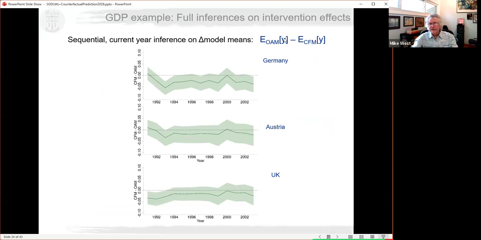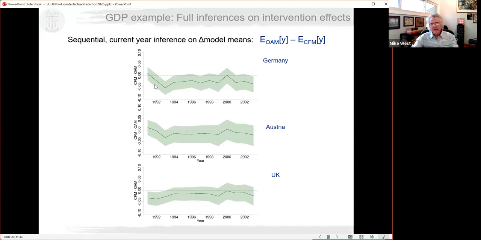So if we run the outcome adaptive model, AOM, in parallel to the CFM, in this case in the GDP post-intervention, and look at the regression components in each of those models, in terms of the parameters, the means of those two distributions, and then average over the Monte Carlo samples and take the difference, then that is the full Bayesian estimate and its uncertainty of the causal effect under the assumption that the controls were not impacted by the intervention.